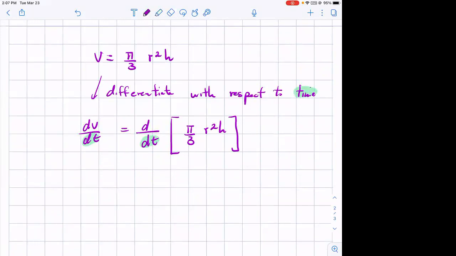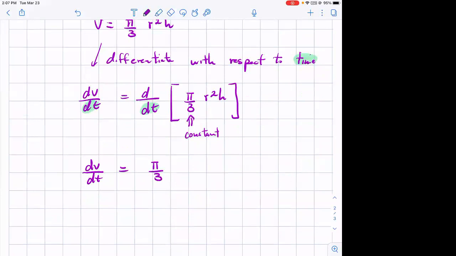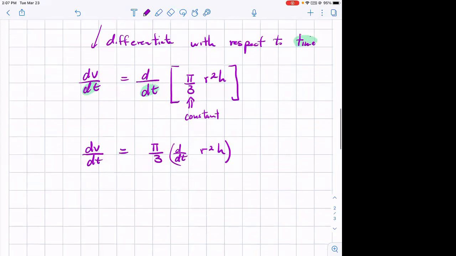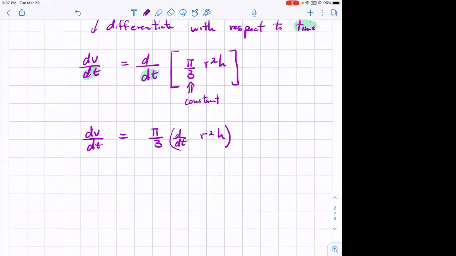Now, since pi over 3 here is a constant, we have dV/dt is equal to pi over 3 times d/dt of r squared h. We took the pi over 3, the constant, out.